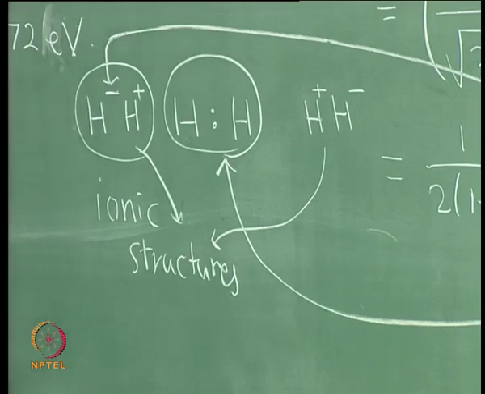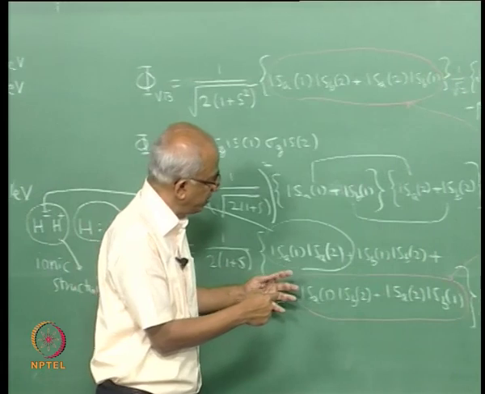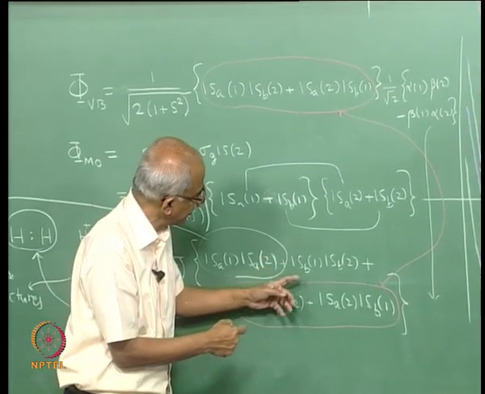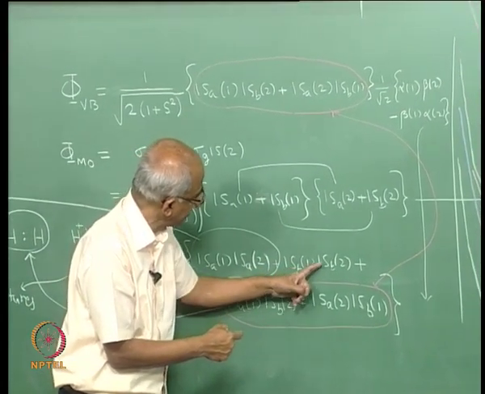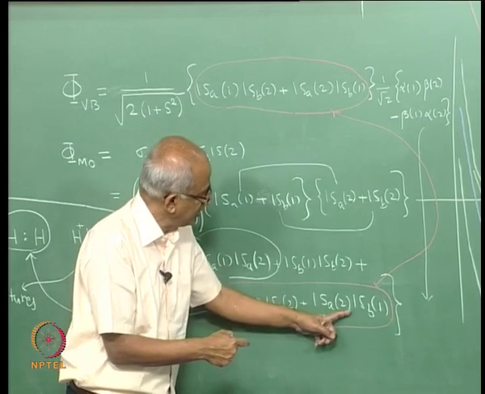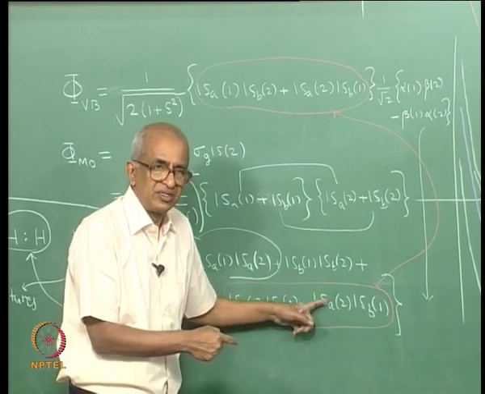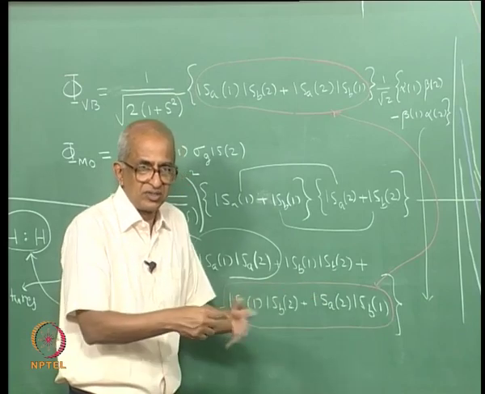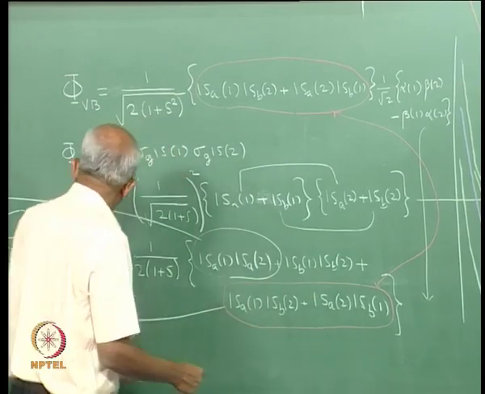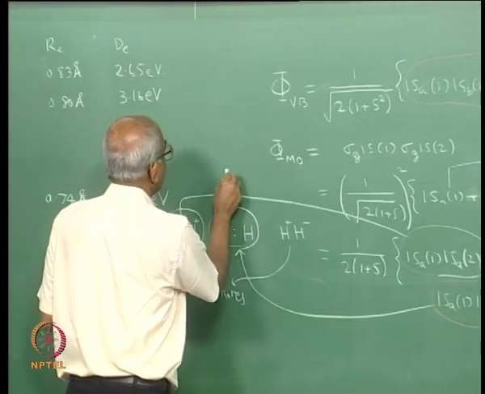And if you looked at the contributions from ionic structures inside the molecular orbital wave function, you have the ionic structures, but what happens is that the ionic structures and this structure, which is actually referred to as a covalent structure, this one, because you see it is representing a covalent bond. So, this is covalent structure.